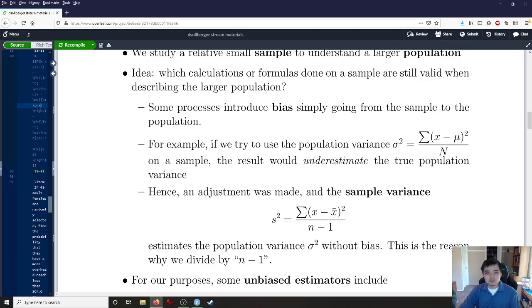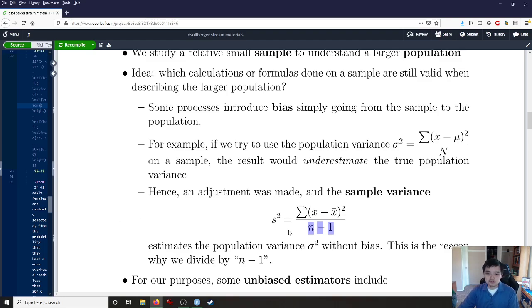So, skipping a lot of math theory, what the mathematicians and engineers did was to adjust the formula. It turns out after a bunch of work, the adjustment that was needed was to actually divide by n minus 1 instead. This is in the literature called Bessel's correction, after an engineer named Bessel.